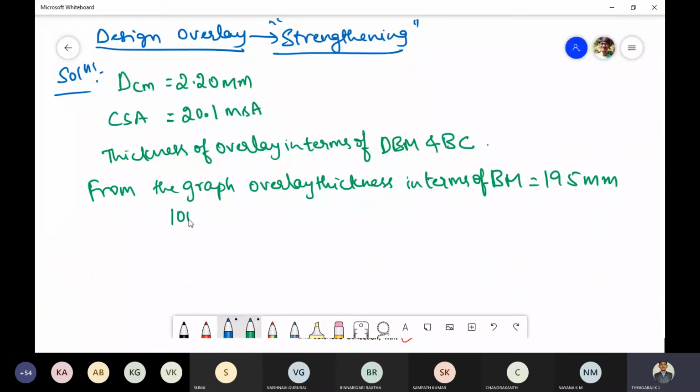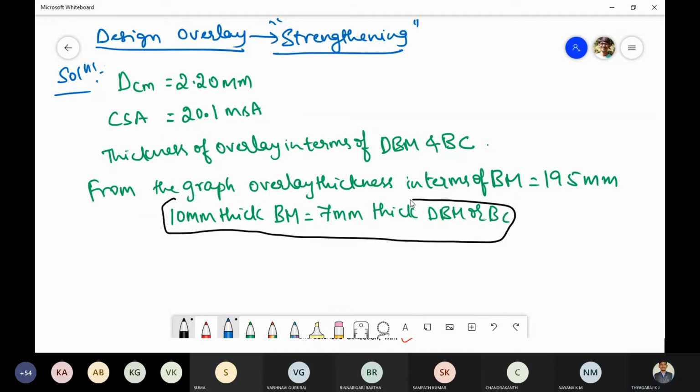So 10 mm thick BM is equal to 7 mm thick DBM or BC. Is it understood this one?